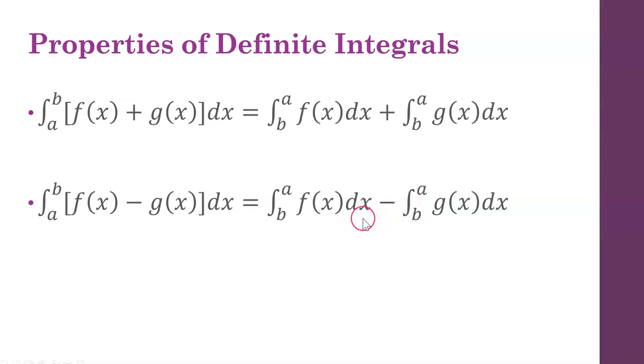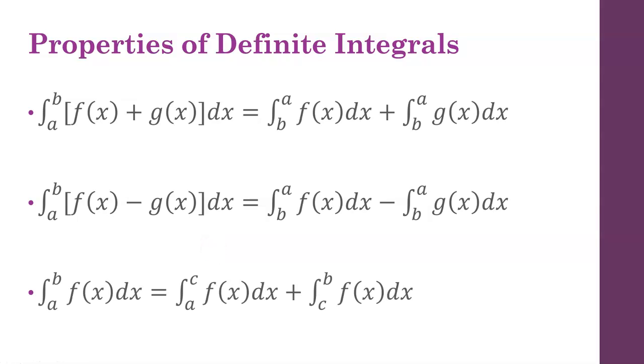If you think about this as areas, it should make sense. If I add two functions together, it gets taller as long as these are positive values, and I would get the bigger area, the area of the two combined. Same logic for subtraction, right?